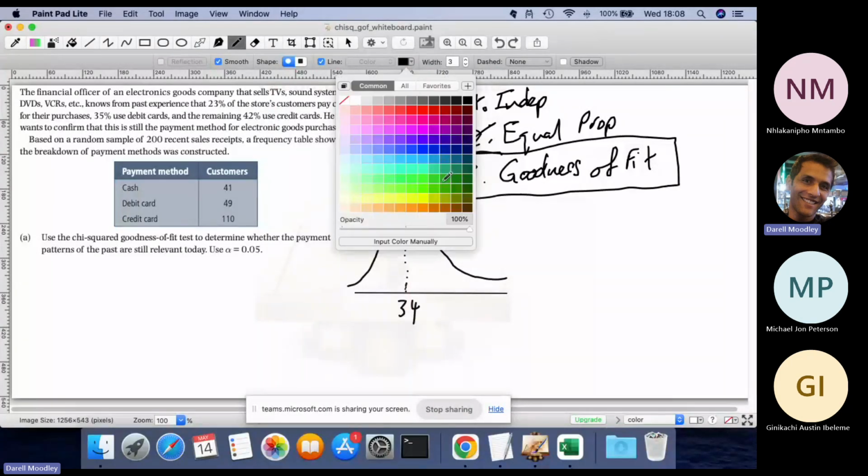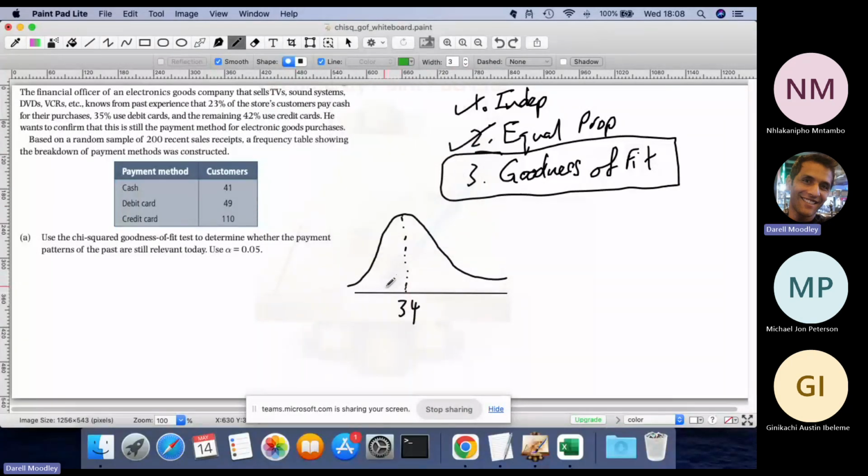Has the distribution shifted? Does it look like this now, where the peak is here? Could it be that? Or could it be this? Peak somewhere around here. This is another option. So the test basically checks whether they're different.